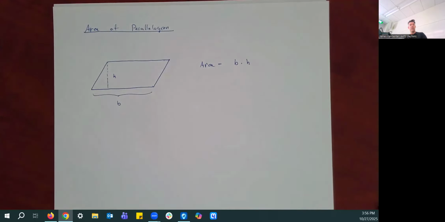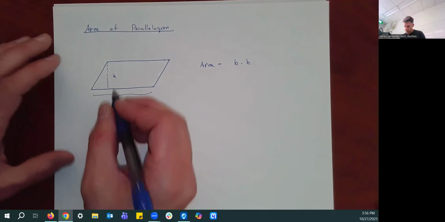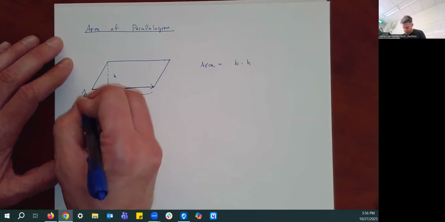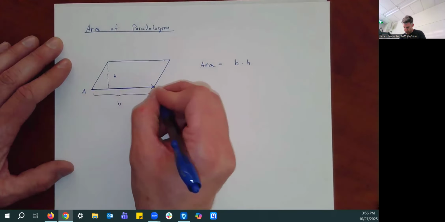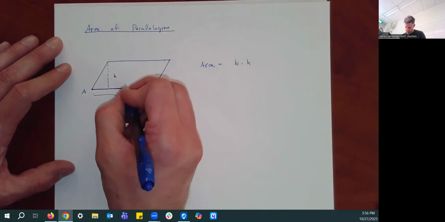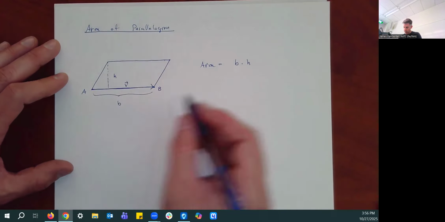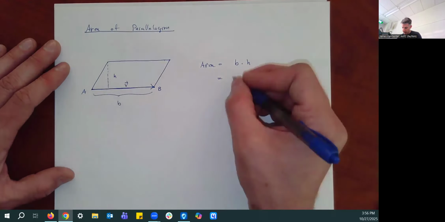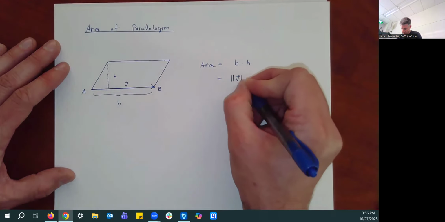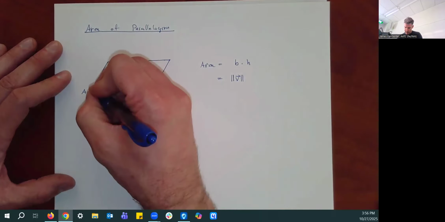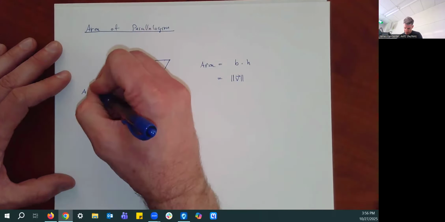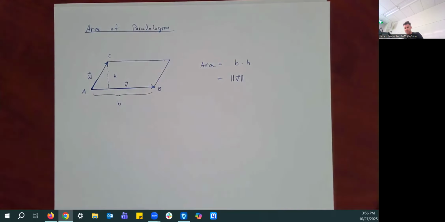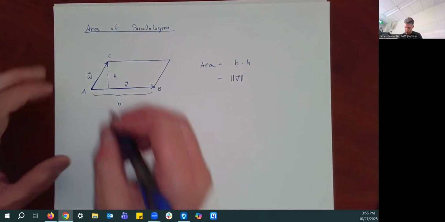But if we introduce some vectors, let's see what we can do here. If we call this vector here, starting at A and ending at B, vector V, the base really has a length of the magnitude of V. And let's call this vector that starts at A and ends at C vector U. W might be a poor choice, sorry.